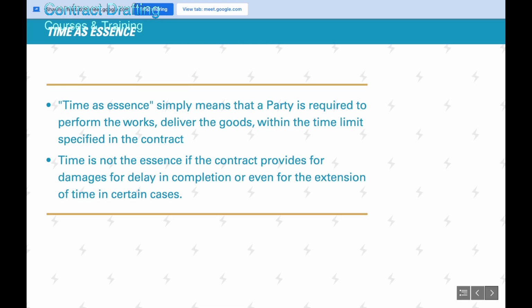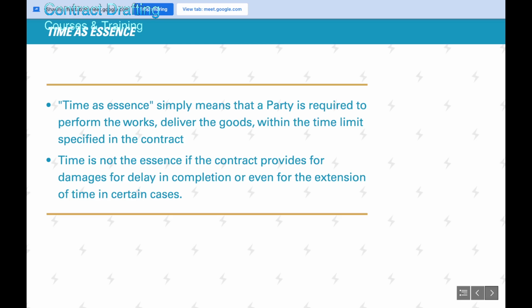So in EPC contracts, you will find clauses on time or the timely delivery or a delivery schedule, performance schedule, and then liquidated damages relating to non-performance, and clauses on what will happen in case there is an extension, time extension required, because let's say because of non-supply of goods or delay in supply of goods, an extension is required.